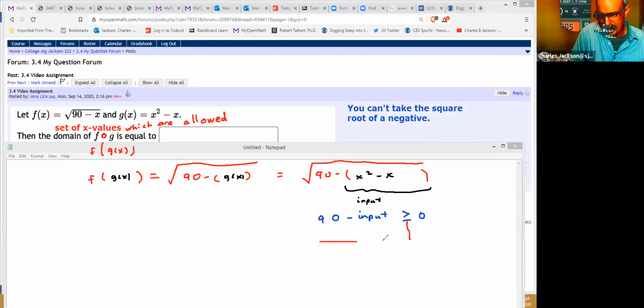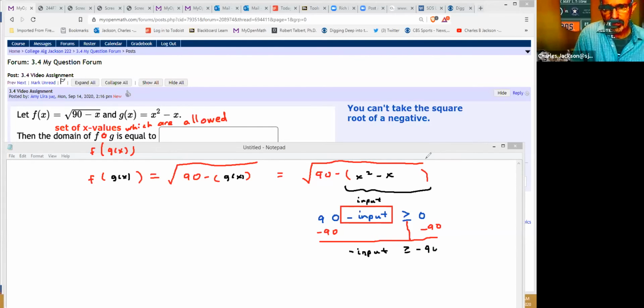We'll subtract 90 from both sides. Negative of the input greater than or equal to negative 90. Divide both sides by negative 1.